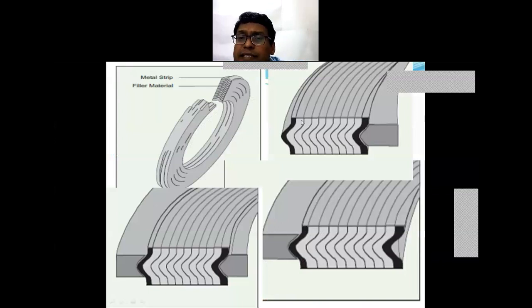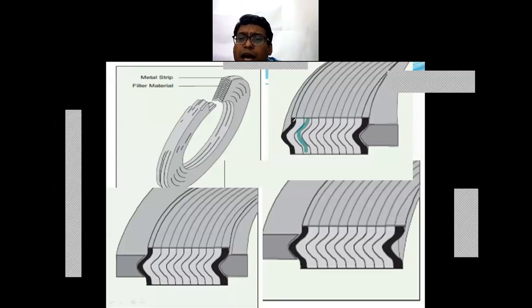Here you can see the sealing arrangement: the stainless steel metal sheet, and in between these two metal sheets, the PTFE or the sealing material that will be available. You can see the different material here as shown in this black portion.